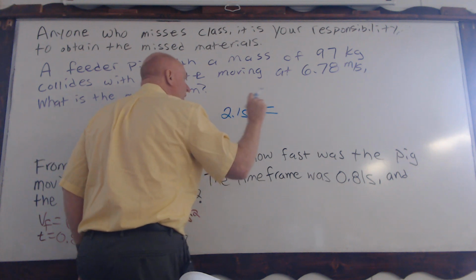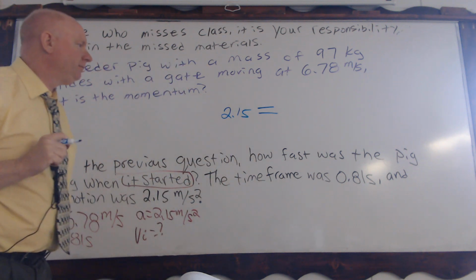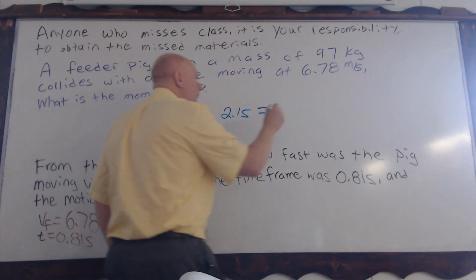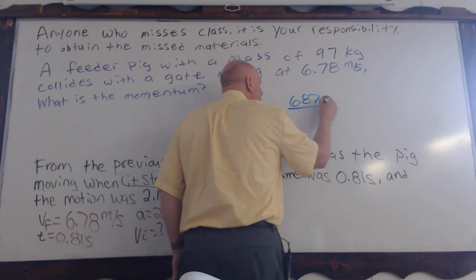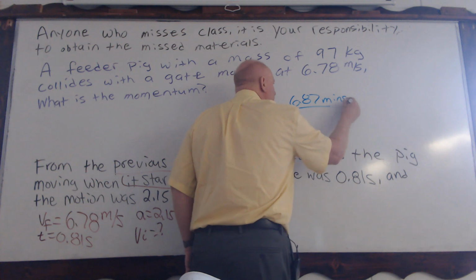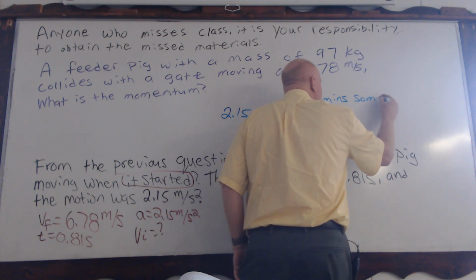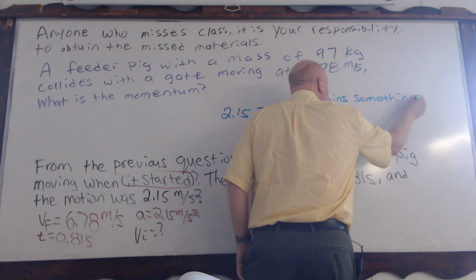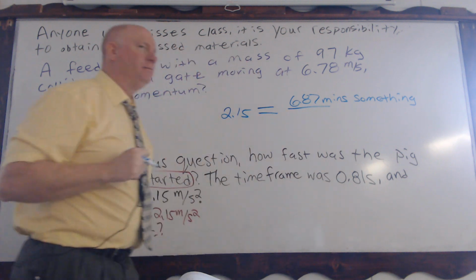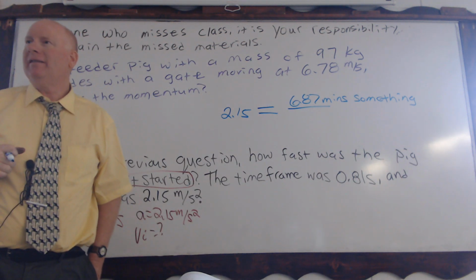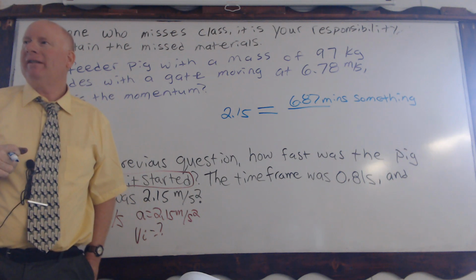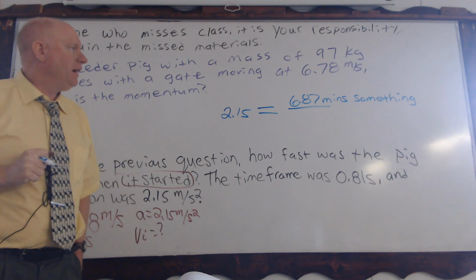What is on the right-hand side of our equation? Oh, I meant to put minus. No. Minus something. 6.78. I do have 6.7.